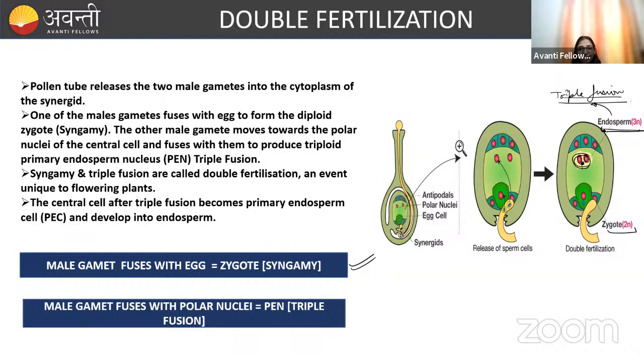So there's a triple fusion taking place, which results in the formation of the endosperm, and endosperm has a ploidy of 3. Main function of the endosperm is to provide nourishment to the developing embryo. Please remember that double fertilization is the combination of both syngamy and triple fusion.